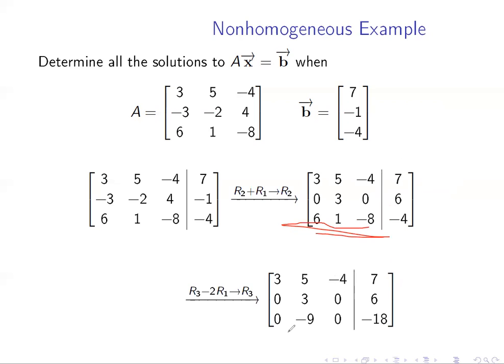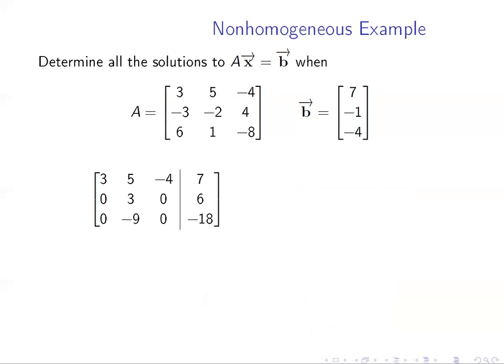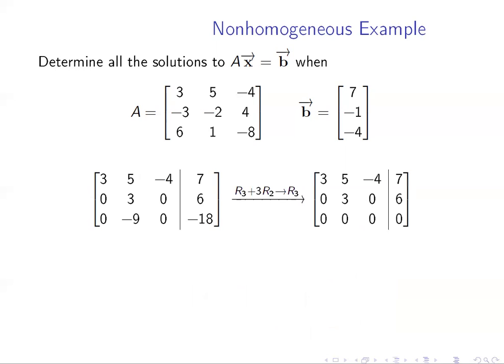Everything in this portion is all the same as it was when we did this previously for the homogeneous version of the exact same matrix. Our A was exactly the same, but now we have a different right-hand side. So we keep going through our solutions, same exact steps. Notice my row reduction steps are exactly the same because I don't care about what's happening in that far column.